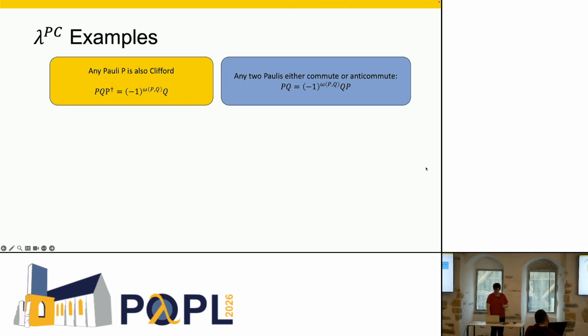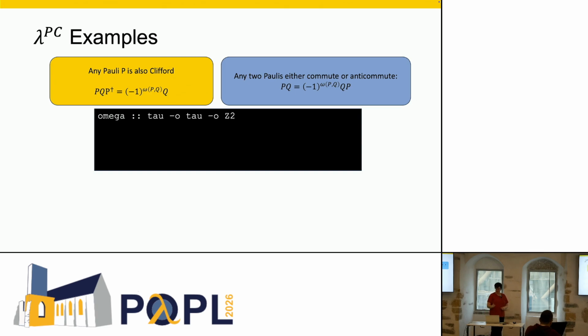And we can actually write it down in the non-projective Clifford fragment of LambdaPC. So omega itself is not a projective Clifford, right? It takes in two Paulis and it returns a sign. But it is a linear transformation. So we can define it by how it acts on the basis elements. So omega will take in xi, xj.